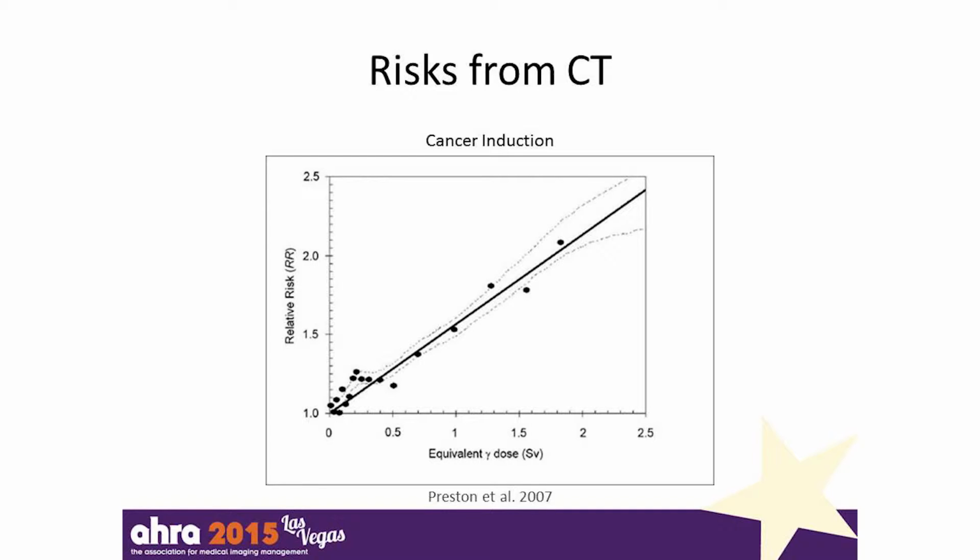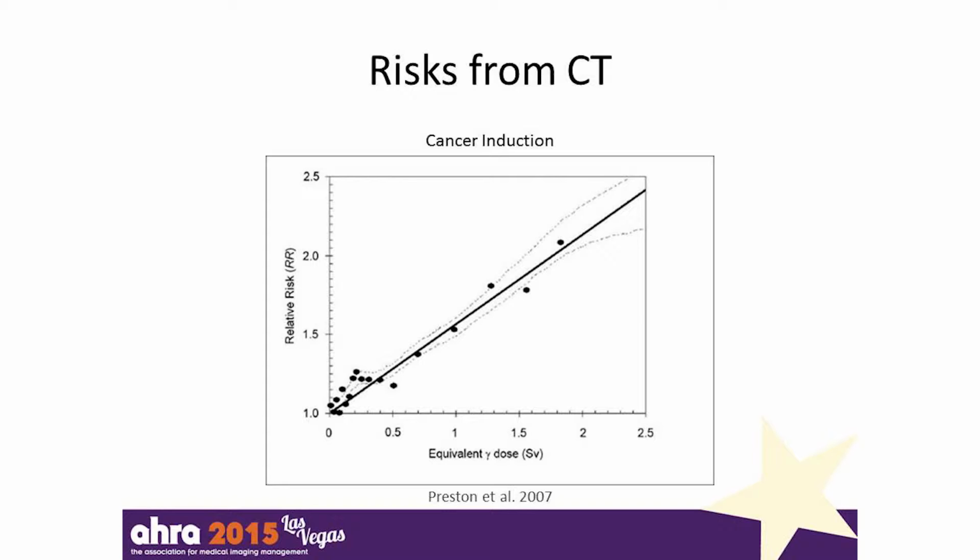The reason this is a concern is that radiation has been linked to causing cancer. What I'm showing you here is the risk of inducing cancer relative to the exposure to the person. The straight line there is known as the linear no threshold theory. This is based on our current knowledge. This is the best model that we have for what the risks from a CT scan or from exposure to radiation are.